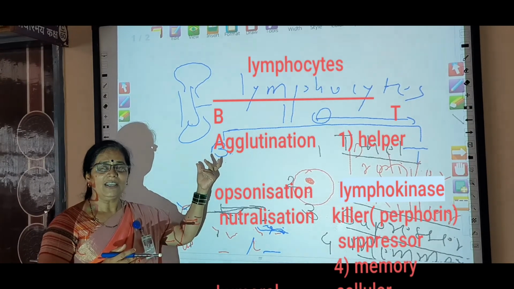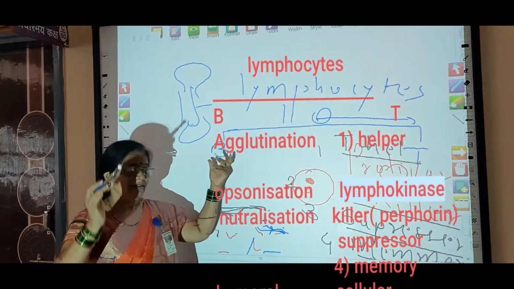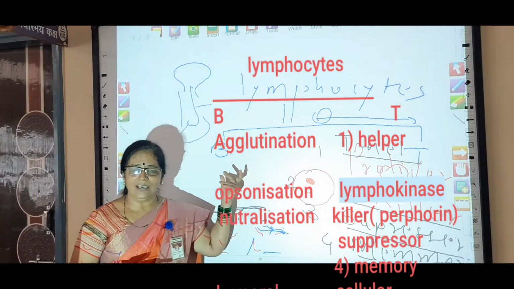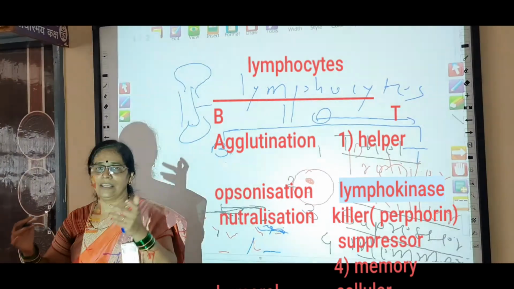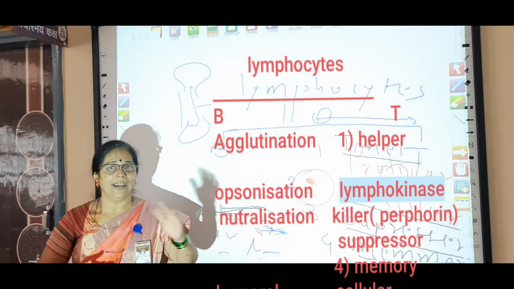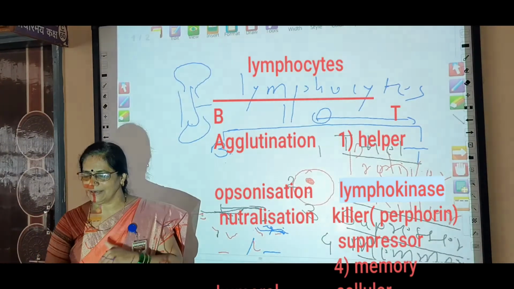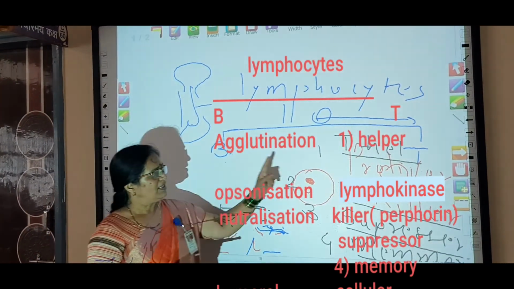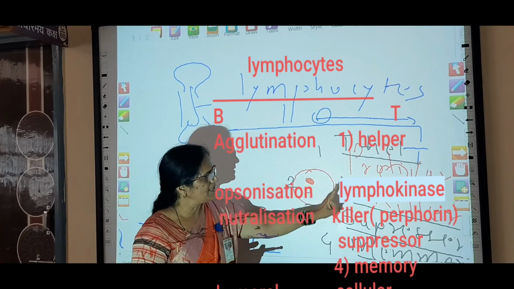The microbes are coming here, and now you have to take your position to fight against that pathogen. So these are the four cells.